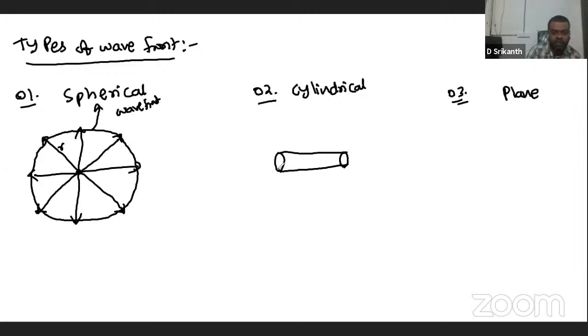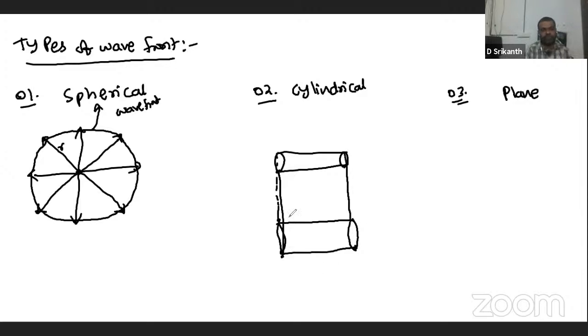So from this source, whatever light rays are emitted, suppose from here, again if you join or take the locus, we'll get the cylindrical wavefront. That locus can be called a cylindrical wavefront.